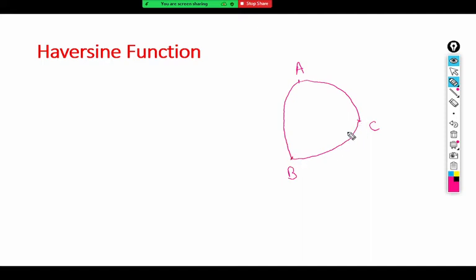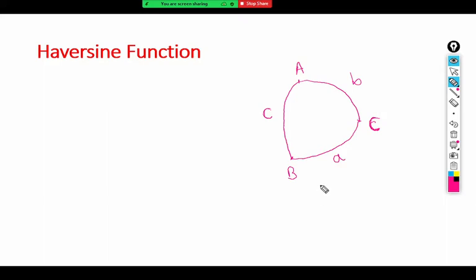Capital ABC are used for the vertices or the angles, while small a is a side. Small b is the side opposite to the angle B, small a is opposite to A, and small c is opposite to the angle C. So this is the capital C and that's a small c there. That's the difference: lowercase letters are used for the sides, uppercase letters are used for the angles.